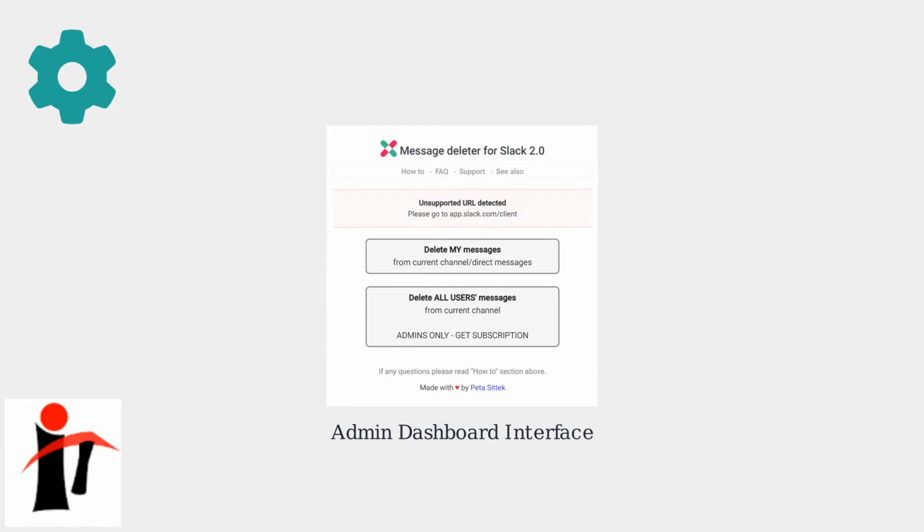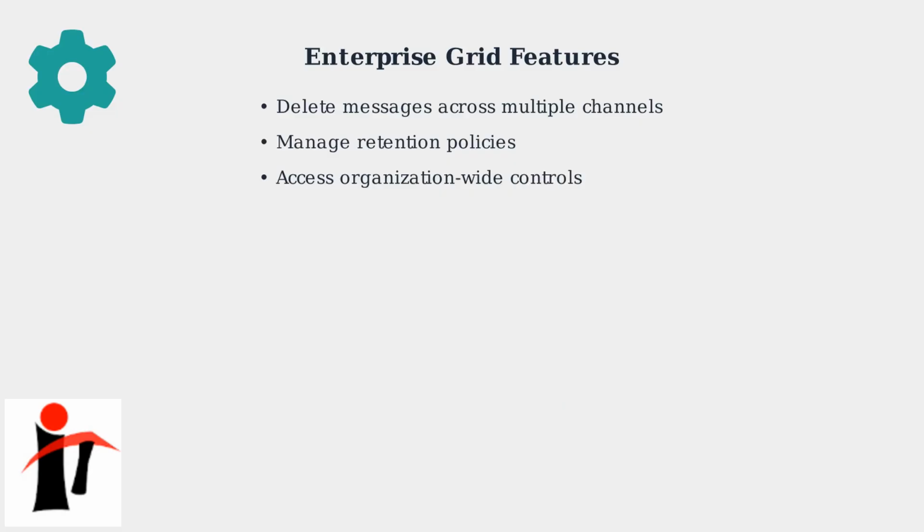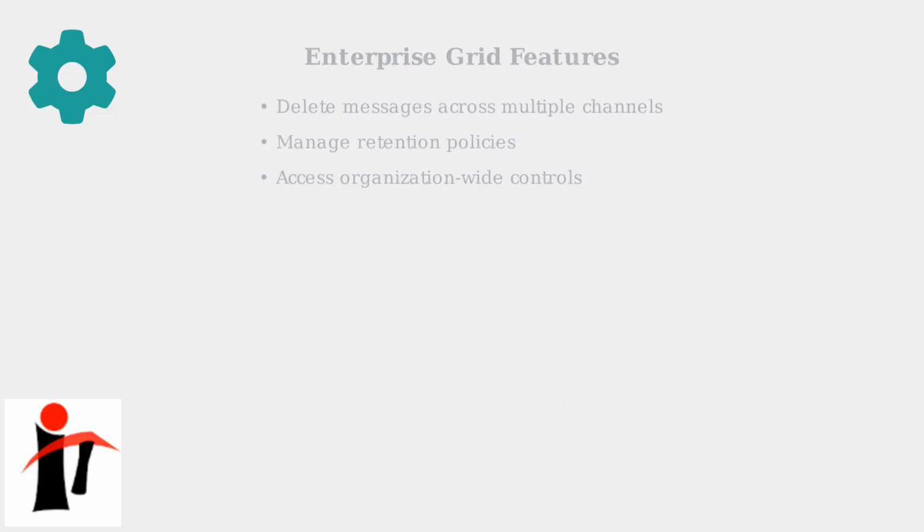The interface provides options for deleting messages across channels, with controls restricted to administrators and workspace owners. Through Slack's enterprise grid features, administrators gain powerful tools for managing messages at an organizational level. This includes the ability to delete messages across multiple channels simultaneously and implement retention policies that automatically handle message cleanup.